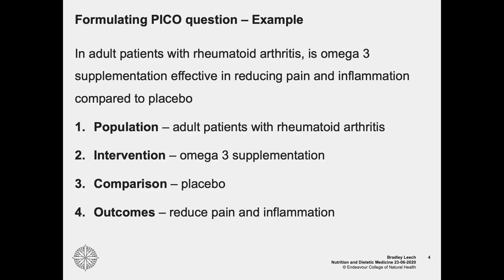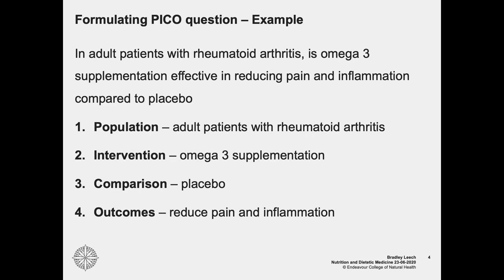Here is an example. In adult patients with rheumatoid arthritis, is omega-3 supplementation effective in reducing pain and inflammation compared to placebo? Let's break down the four elements of the PICO question. First of all, you have the patient or population group.